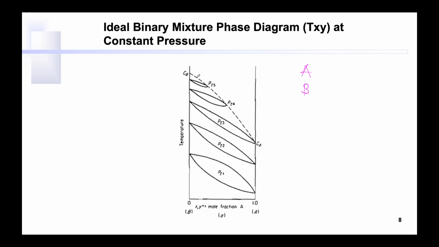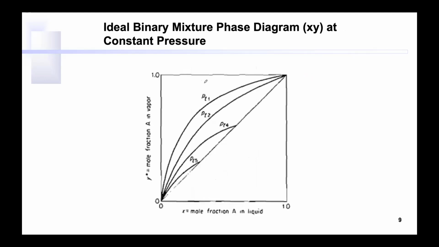But if we started at high pressure, for example at 0.3, we can only go up to 0.35, because up to here it's just finished. The vapor liquid equilibrium is finished at this point.